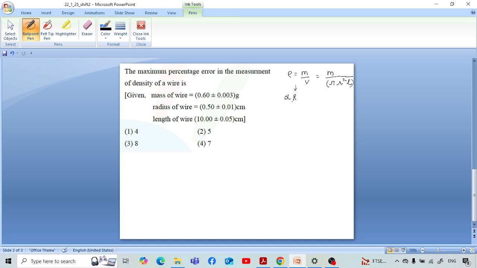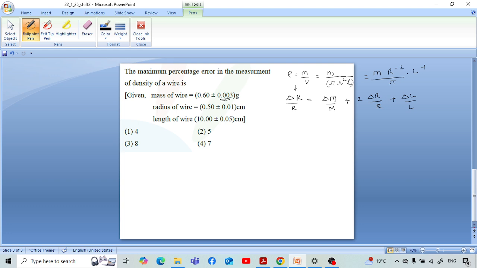The relative error is given by delta rho upon rho, which is equal to delta m upon m plus 2 times delta r upon r plus delta L upon L. Because when we convert this formula into the form m r to the power minus 2 L to the power minus 1 upon pi, and since pi is a dimensionless quantity, there is no error in pi.